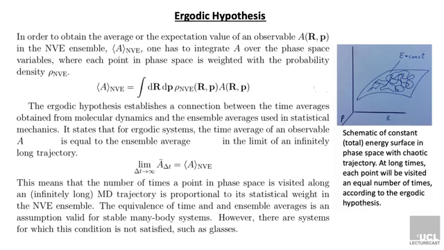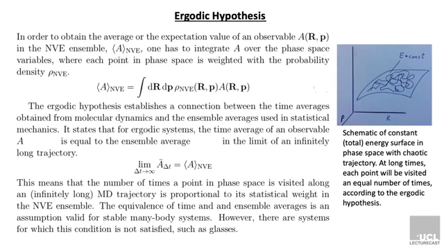We just have to go through every point in phase space, R and P, calculate the probability density rho, and then multiply this with the value of the observable at this point in phase space. Okay.